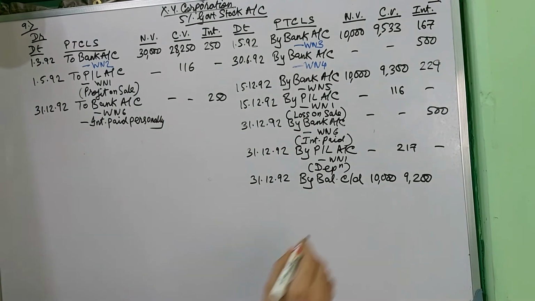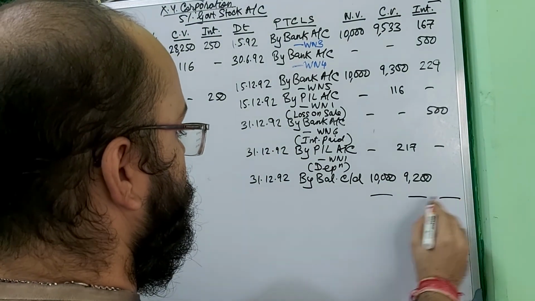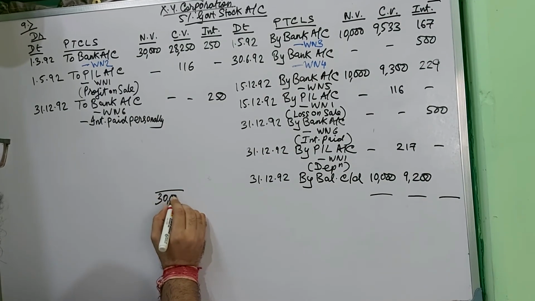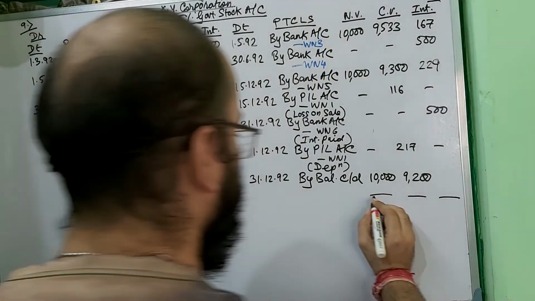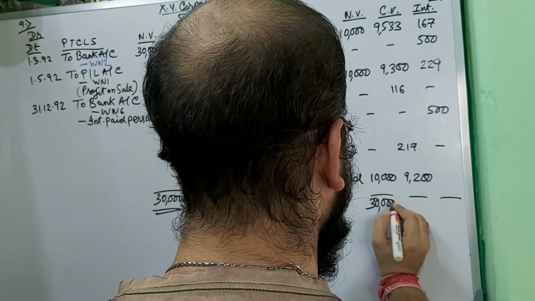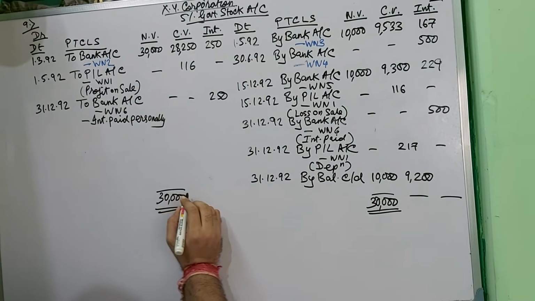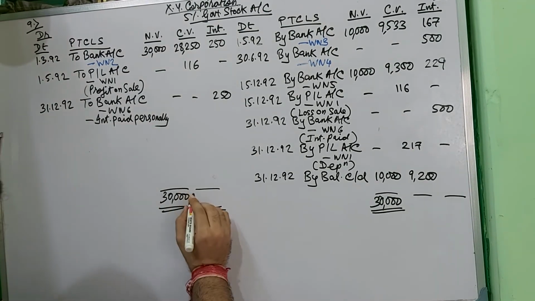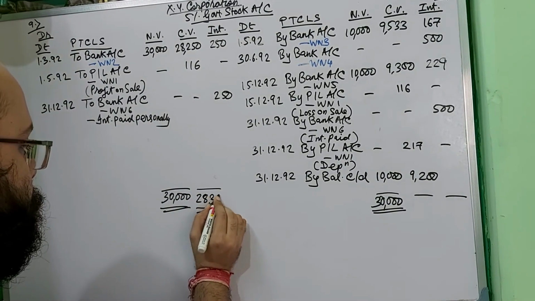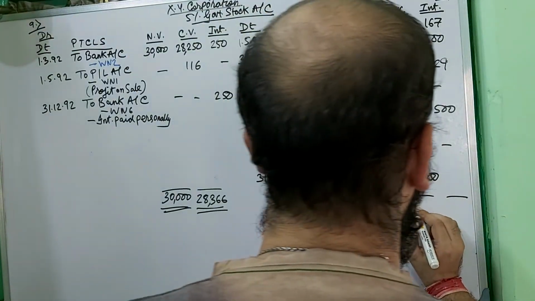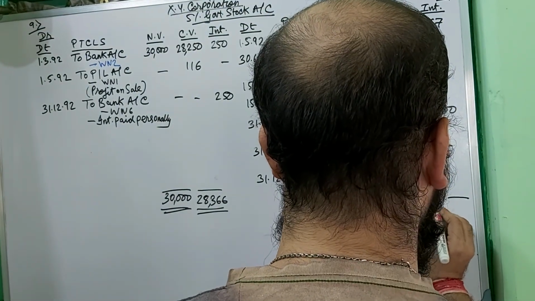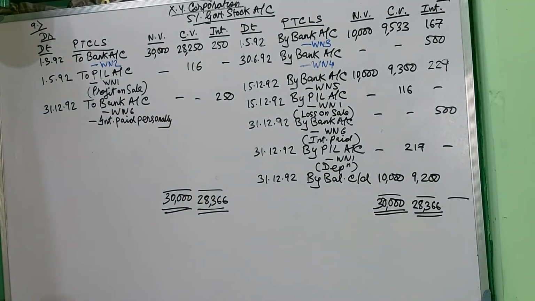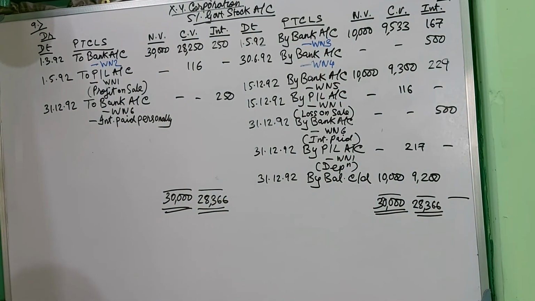Now you calculate the total. It is 30,000 obviously. It is also 30,000. It is 28,366. It is also 28,366. To calculate the credit side interest, it is coming 1,396.